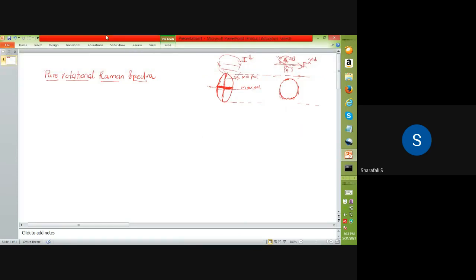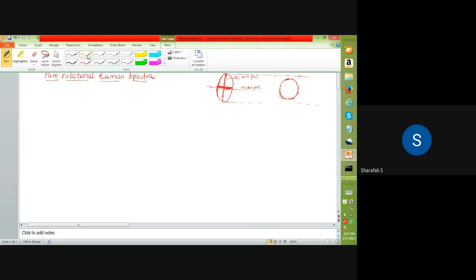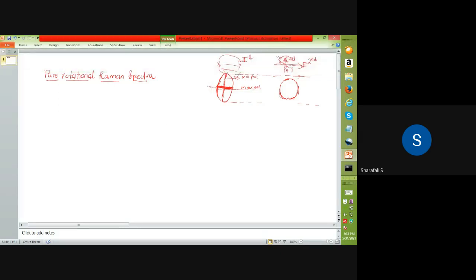So you'll be getting confused. In this direction it will increase, in this direction it will decrease. So you'll get something like this, which will be less than this one in this direction, but in this direction it will be large. So that's about this polarizability story.